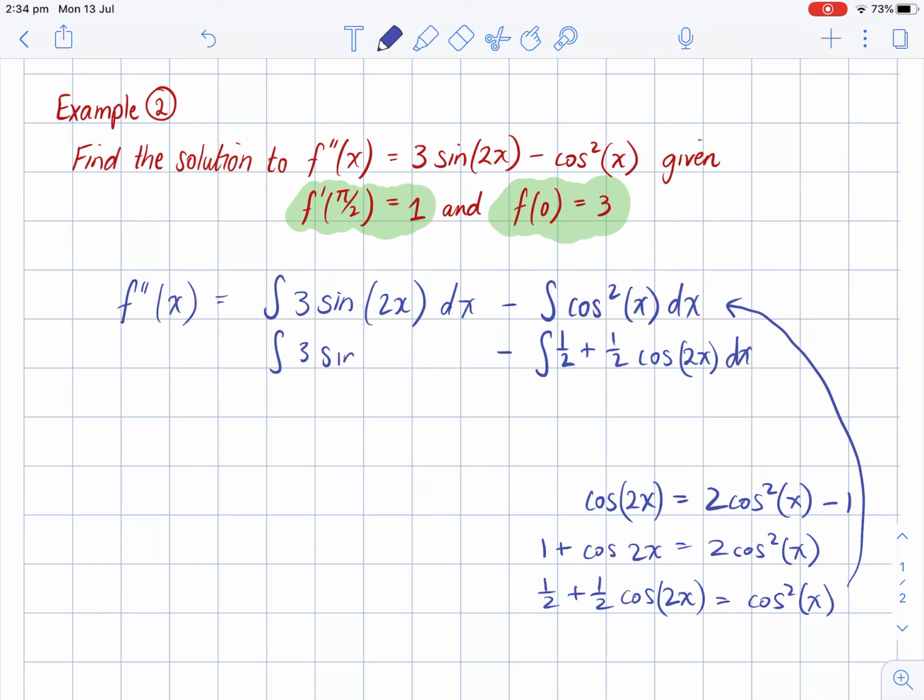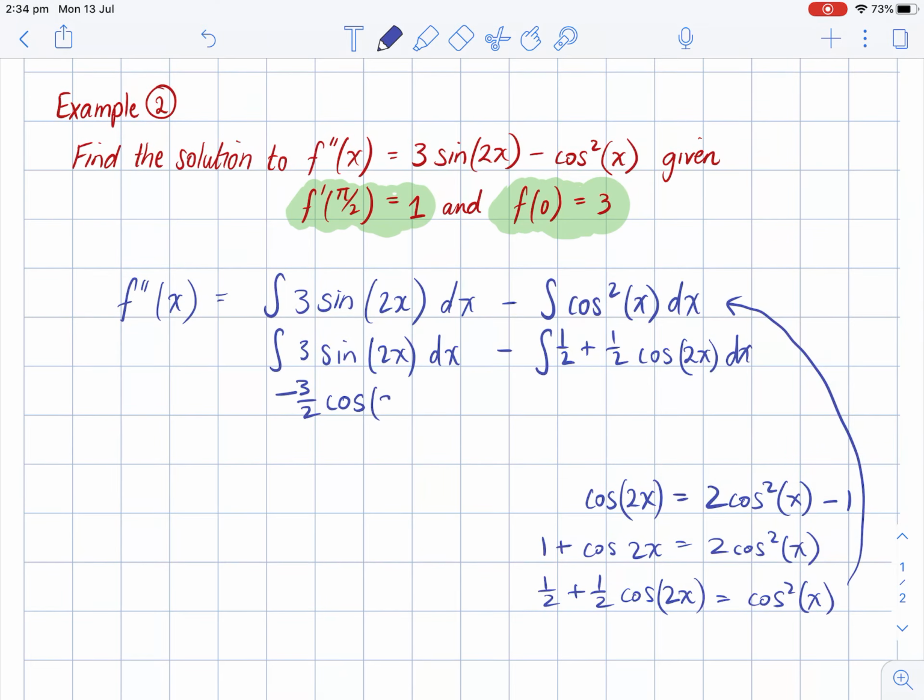Okay, so now I've got my two parts. I can find the integral of the first part. Now the antiderivative of sine 2x is negative 3 on 2 cos 2x. The antiderivative of sine is negative cos, and you've got to divide by whatever the value is in front of x.